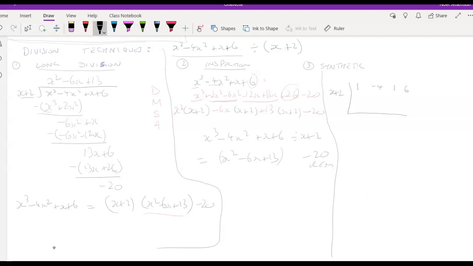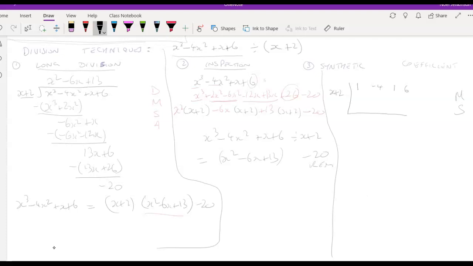Start the video again now, and I'd like to do by synthetic. Synthetic is an algorithm method, and the algorithm to remember is multiply, subtract. Multiply, subtract. What we're putting here in our synthetic table is just the coefficients. I'll write that down. Just the coefficients.